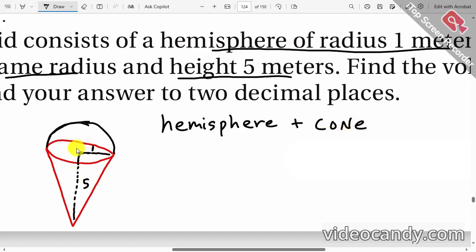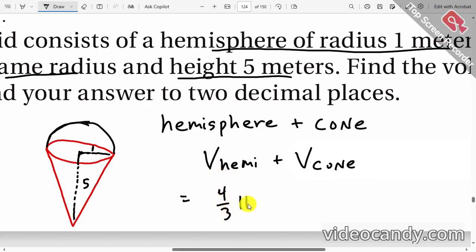We're adding these two. This isn't subtracting this time. That's going to be the volume of a hemisphere plus the volume of a cone. All right. We said before the sphere volume is 4/3 pi r cubed. But for a hemisphere, it's going to be half of that.